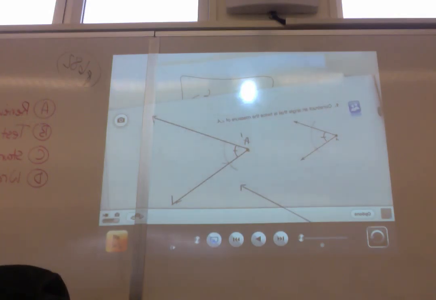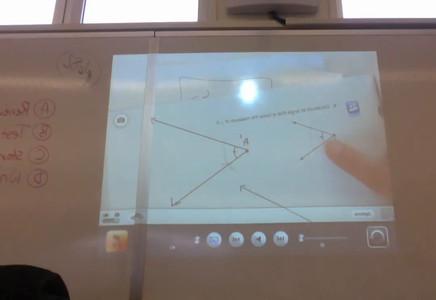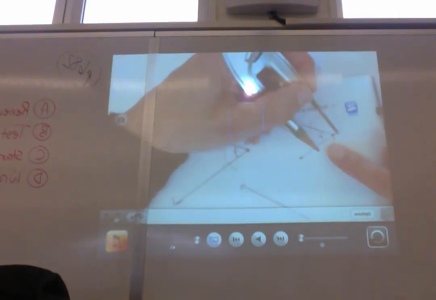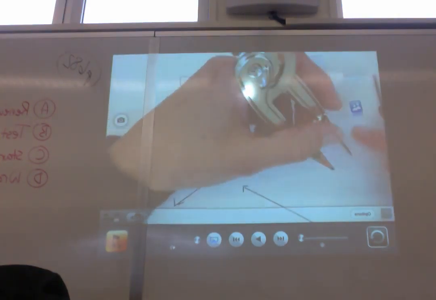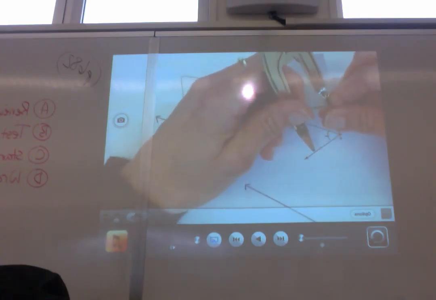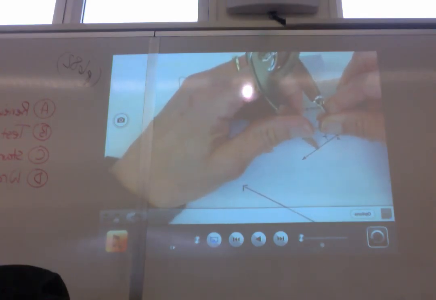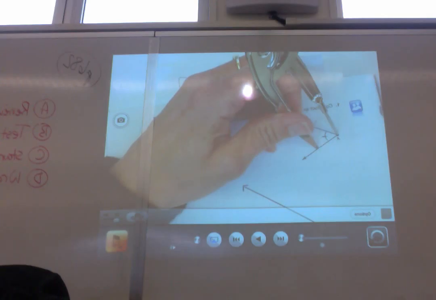Now, once again, we're going to go over to the first original angle and size the compass to that big arc that we put through the original angle.